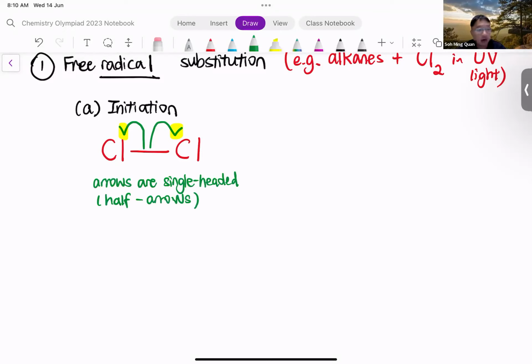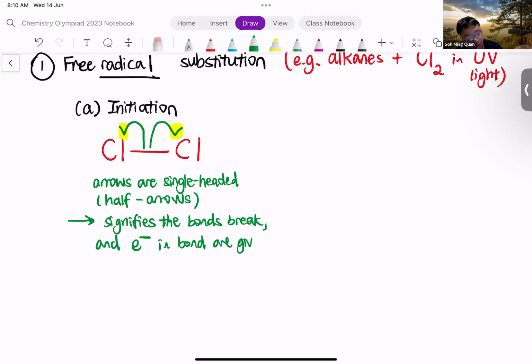Whenever you have half arrows like what I have drawn and highlighted to you in yellow, this signifies the covalent bond breaks and the electrons in the bond are given evenly to each atom.